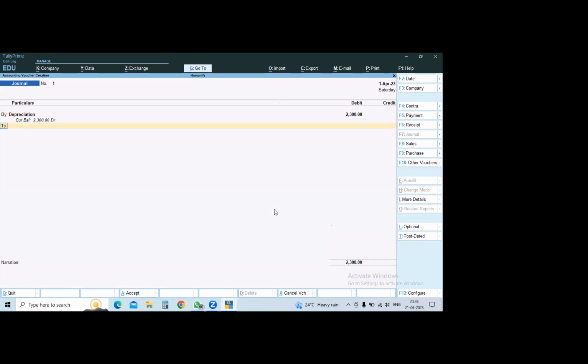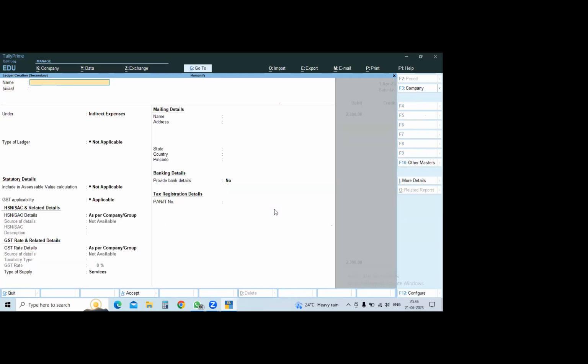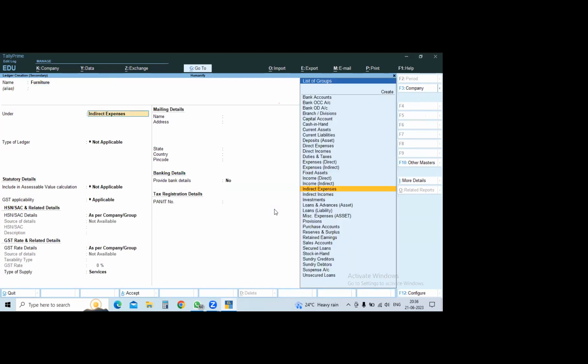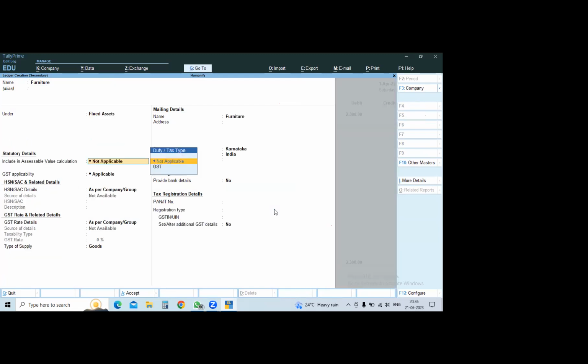Enter. Ctrl Alt C, create a furniture account under fixed asset. Alt C. Take furniture and take it under fixed asset. The depreciation account will be debited to the furniture account. Ctrl A to accept.